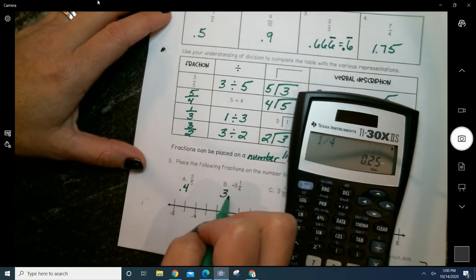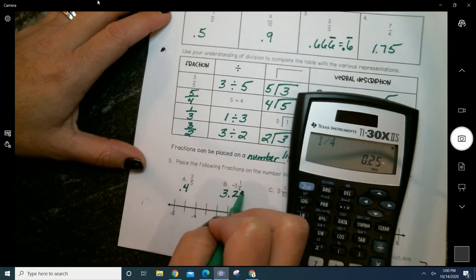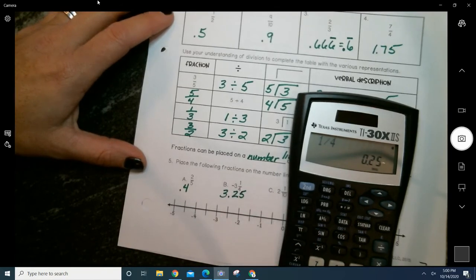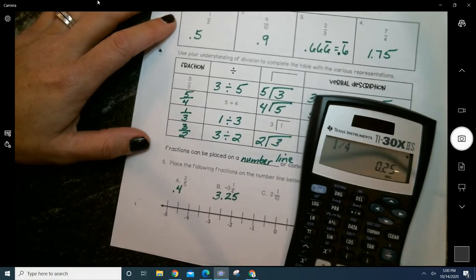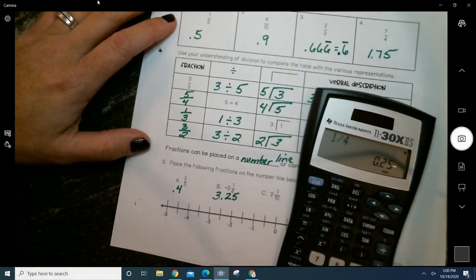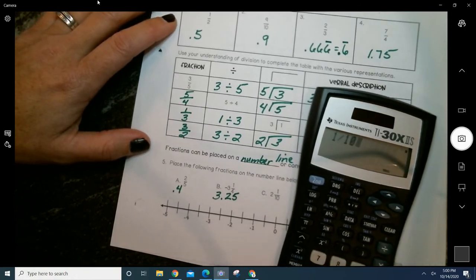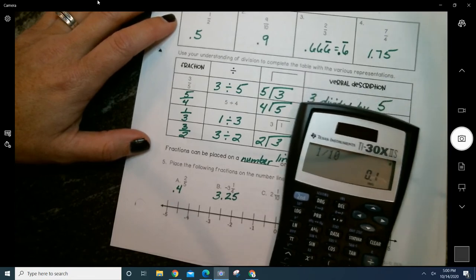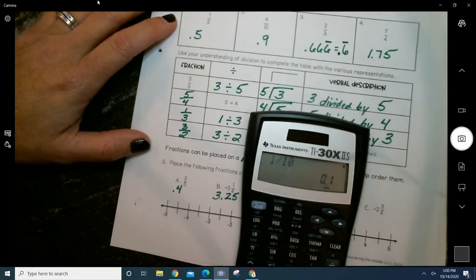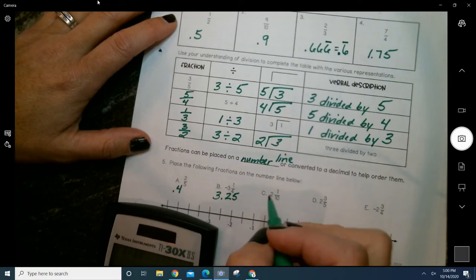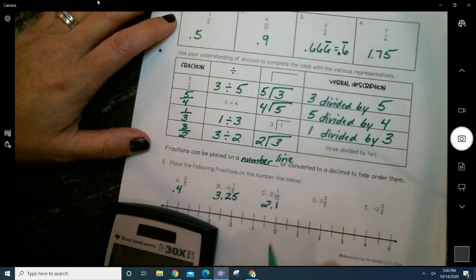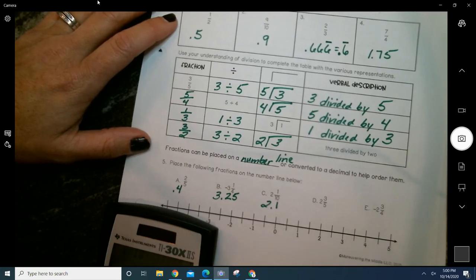And so you just have negative 3.25. If you convert C to a decimal, you just take 1 divided by 10 first, and that gives you 0.1. And so you would write that as 2.1. Now I'm going to let you guys convert D and E to decimals.